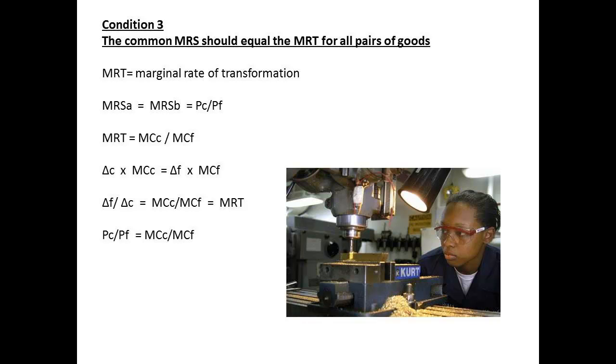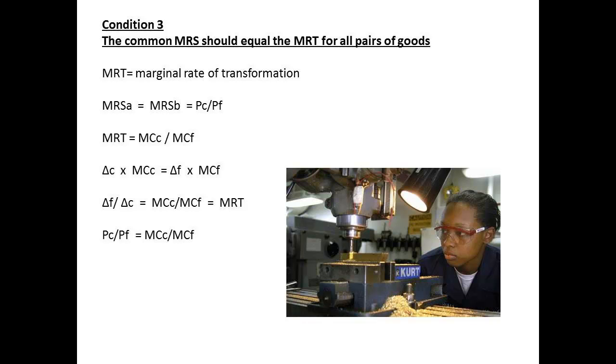Moving along the frontier leaves the total cost unchanged, since all resources are fully employed. So delta C multiplied by MC for cloth must be equal to delta F multiplied by MC for food.